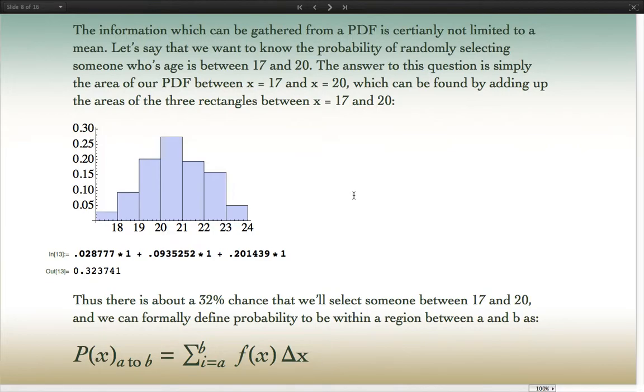If I add all of those up, that covers every possible age. So the probability that if I ask someone their age from this group it falls between 17 and 23 should be 100% every time, because there's no one older than 23 and no one younger than 17. So that needs to be 1. If that's not 1, there's something wrong with our probability density function.